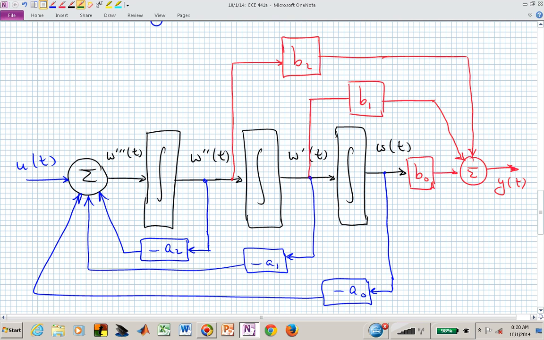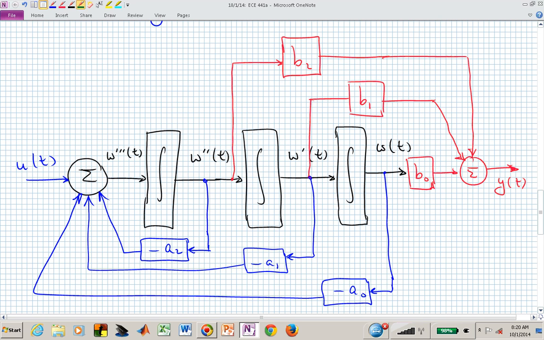One way. Well, to obtain a state space, I could say pretty quickly there might be 3 different state space representations from this one block diagram. But what's the strategy that we employ to obtain a state space representation from a block diagram? Yes.